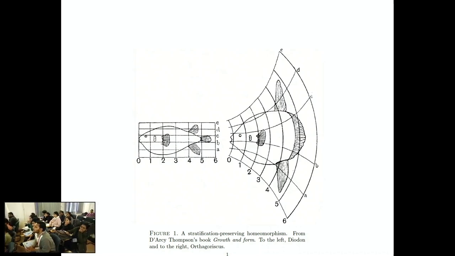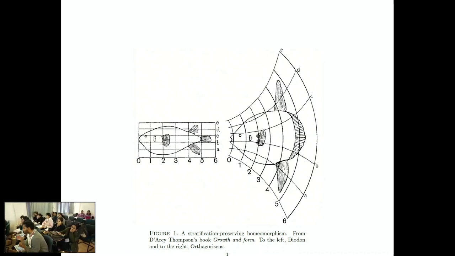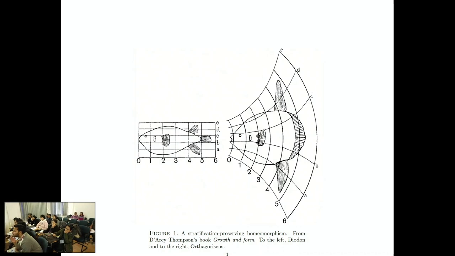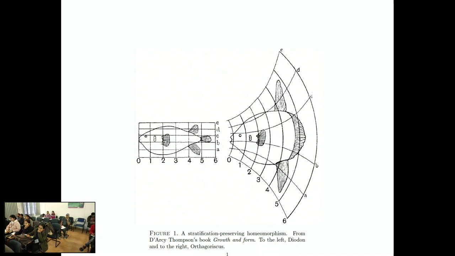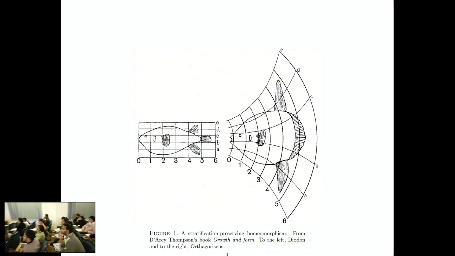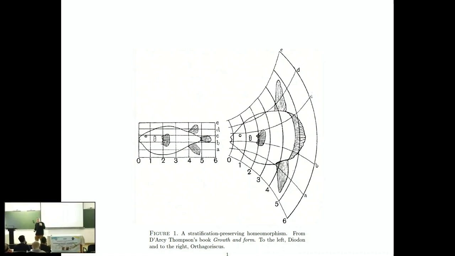Of course, the map cannot preserve distances, and it cannot even preserve distances up to scale, because you see this distance is more or less the same as this, but the height here is very different from the height here. So the map cannot be a homothety.